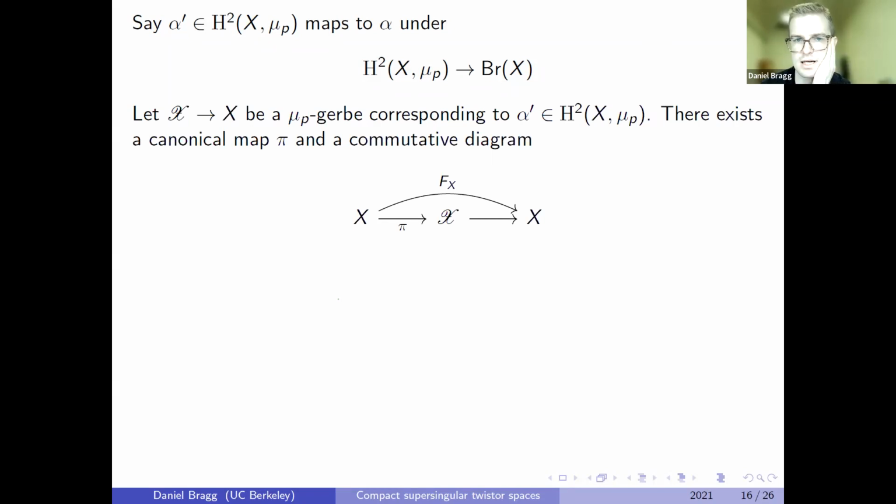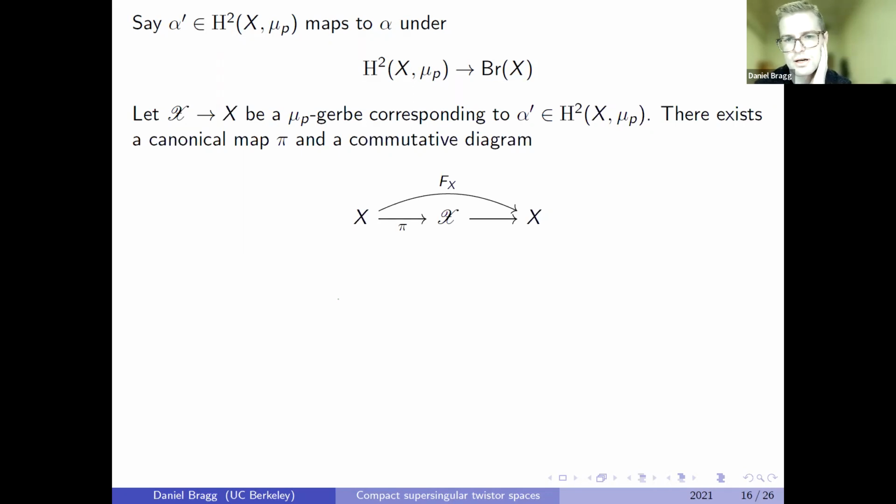So this is an algebraic stack over X, which is what's called a mu p gerbe, and I guess this is a geometric way of looking at second degree cohomology classes. The isomorphism classes of mu p gerbes over X are in bijection with H2 of X mu p.